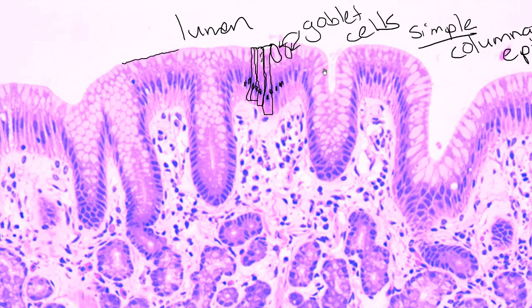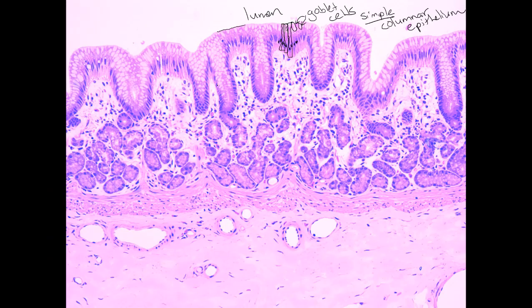That's one structure that increases the surface area for these cells to absorb things or secrete things. Anybody remember what those structures are? Yeah, these are the microvilli. Very good. Those are the microvilli. Okay, good.